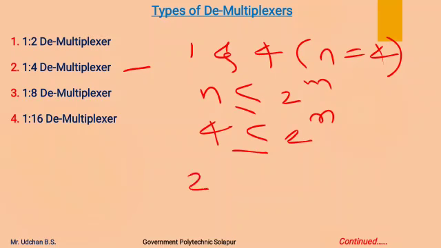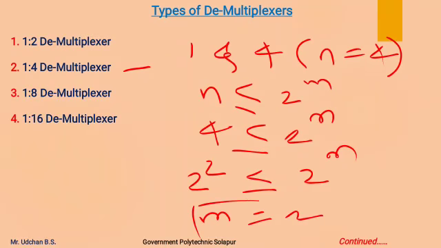This 4 can be written as 2 raised to 2 is equal to 2 raised to m. Comparing powers of 2, we get m is equal to 2. So the 1 is to 4 demultiplexer will have two select lines.